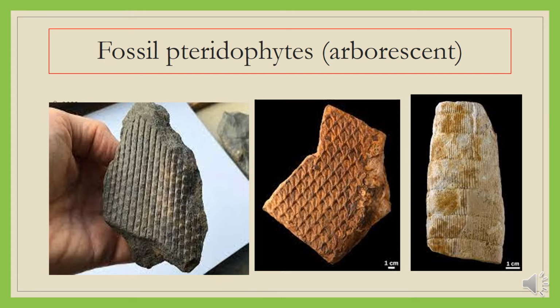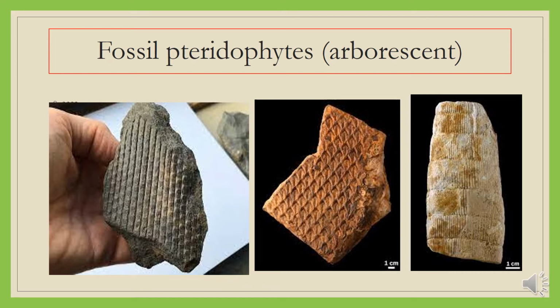And due to this conducting system, they were able to survive for a long time, and also they had a much wider geographical distribution than the bryophytes. But eventually, the pteridophytes lost the battle to the gymnosperms, and most of the pteridophytes, which were very common during the Carboniferous period, were lost in the Permian Triassic extinction.